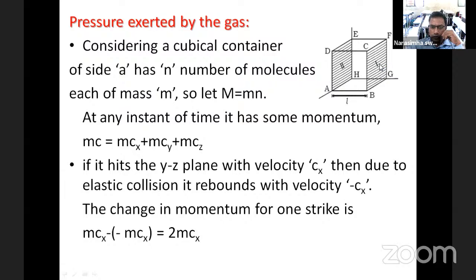Then, due to elastic collision, it rebounds with the same velocity in the opposite direction, which is minus Cx.